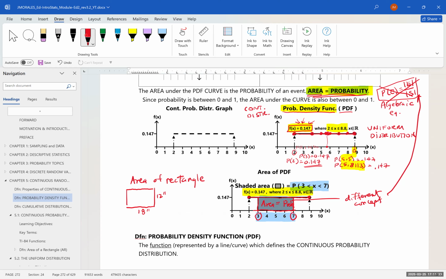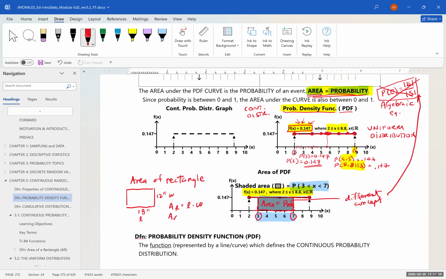And so if you wanted to calculate the area of the picture frame, well, that would be the length times the width. So area of a rectangle is length times the width. And whatever 12 times 18 is, that comes out to 216.